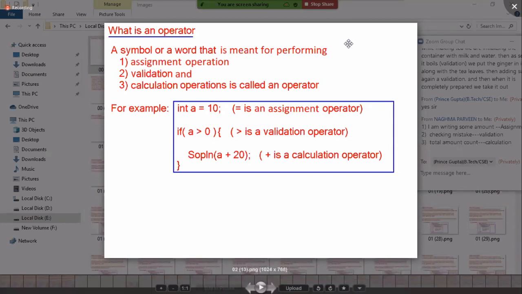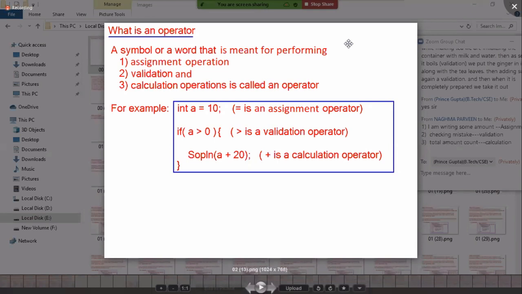A symbol or a word that is meant for performing assignment operation, validation and calculation operations is called an operator. Can you remember this definition? And every operator is associated with some logic in the background. Whenever you use the operator, its mapped logic will be executed by the compiler and JVM.